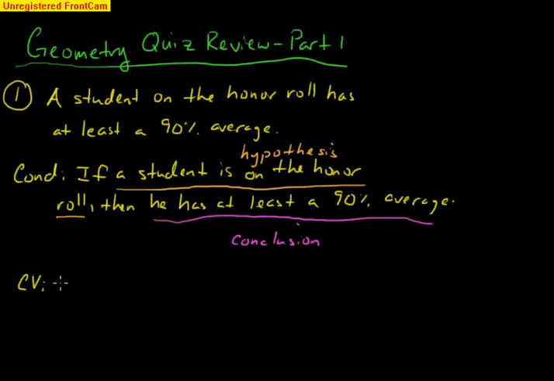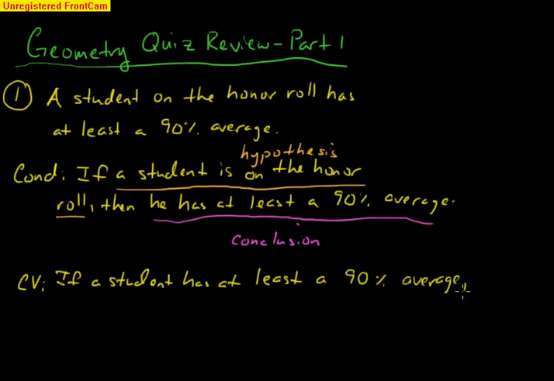So it says, if a student has at least a 90% average, then, and again you put he or she, then he is on the honor roll. Okay, there's the converse. So again, you flip-flop the hypothesis and the conclusion.